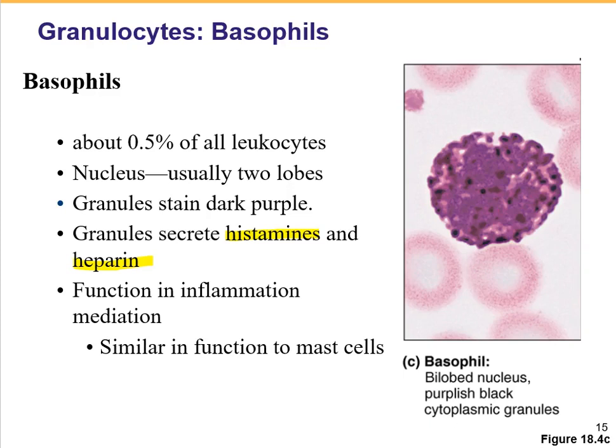And heparin, on the other hand, helps to prevent blood from clotting too quickly at the site of injury. In summary, we can say the basophil functions in inflammation mediation. And also, these cells are very similar to the mast cells we have in our connective tissue. They act similar to the mast cells of the connective tissue.